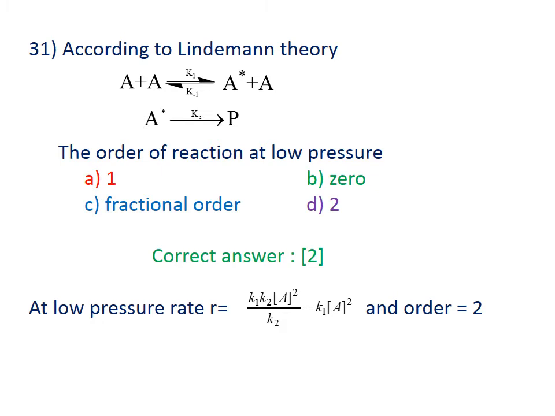At low pressure the rate will be equal to K1 K2 into concentration of A the whole square divided by K2, the K2 cancel. Therefore, K1 into concentration of A square. Therefore, order is 2. D is the correct answer.